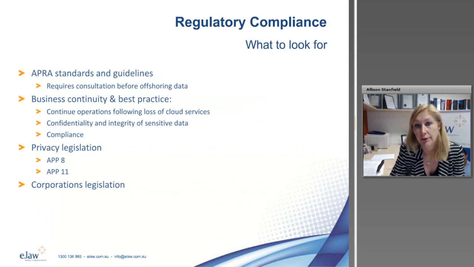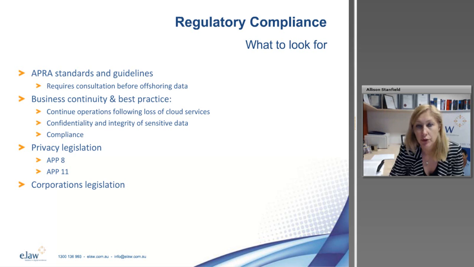So now turning to regulatory compliance, this is going to be different obviously for every business. If you're in the financial industry, you may need to look at APRA standards and guidelines. Depending on what type of business you're in, you'll just need to look at any potential obligations you may have, particularly around confidentiality and integrity of sensitive information.